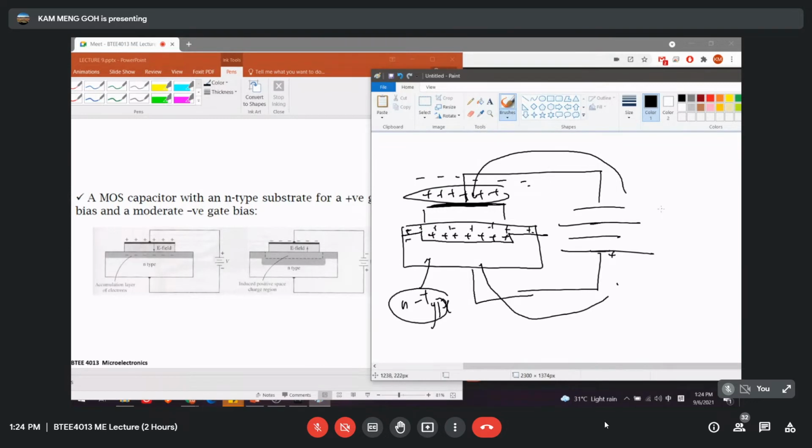So if you are providing 5 volt, maybe it becomes like this. Let's say you're providing 100 volt, then the area can be bigger with positive charge. If, let's say, 1000 volt, eventually this will become p-type, no longer n-type. At this point, any question?